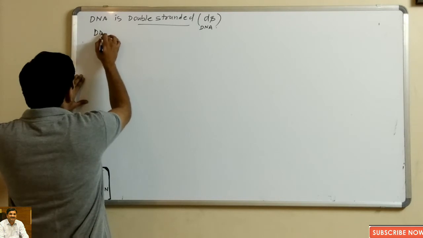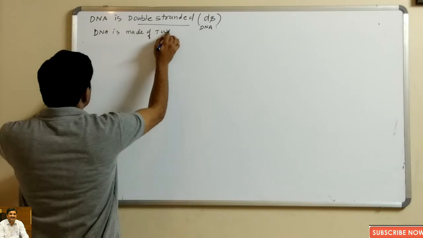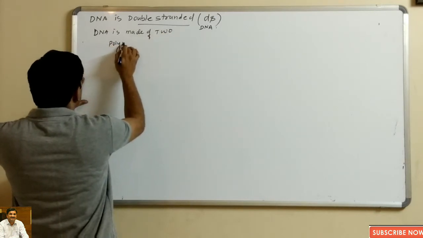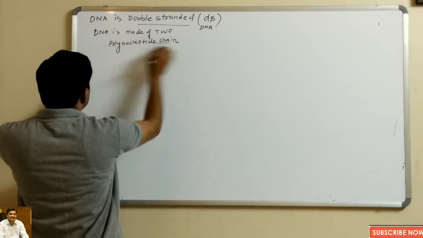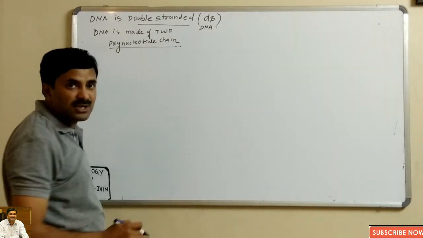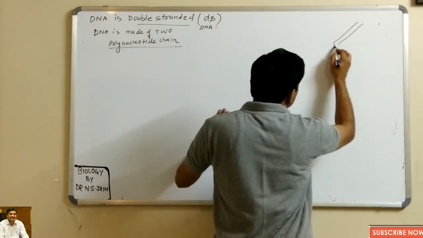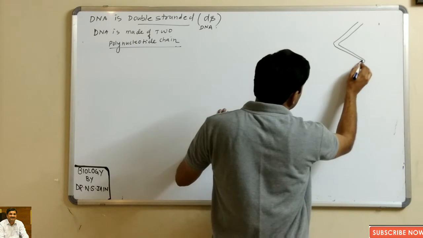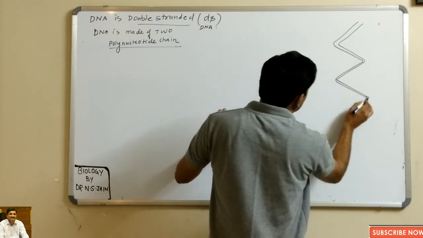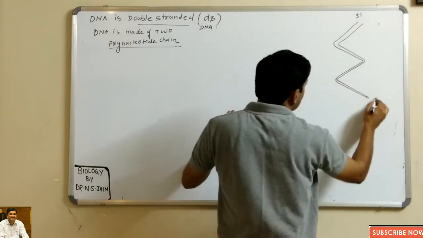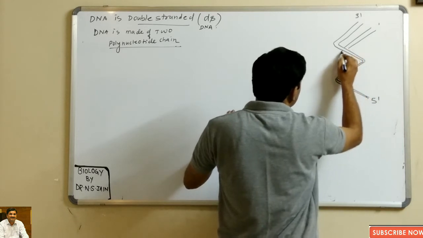That DNA is made of two polynucleotide chains. The two chains form a double-stranded DNA, like this type. Okay, this is the 3' end, this is the 5' end.